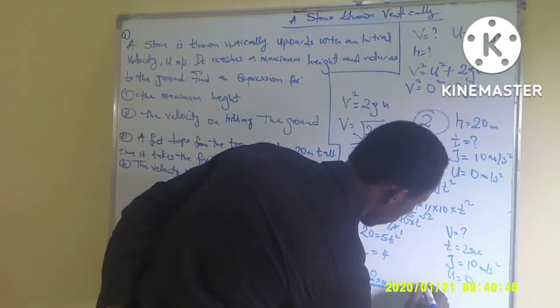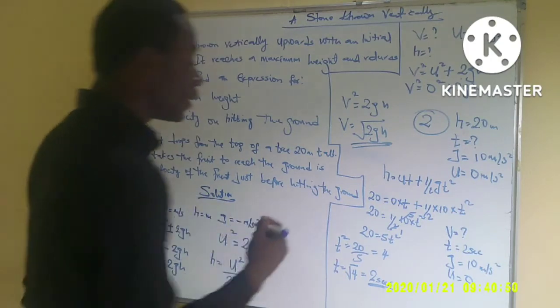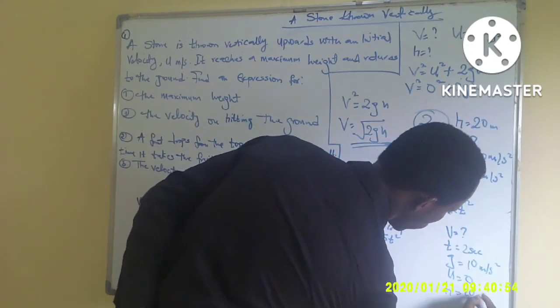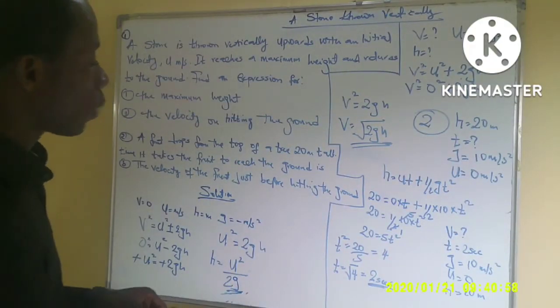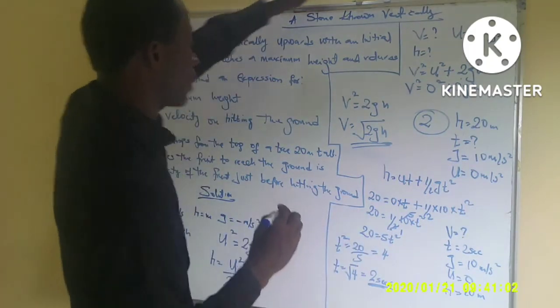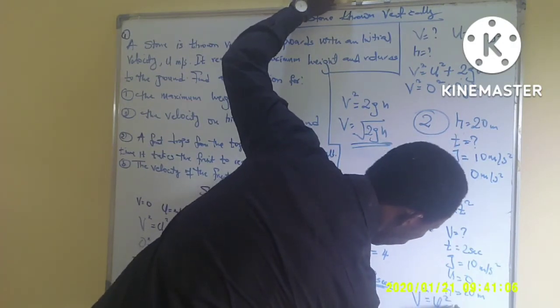We can use v squared is equal to u squared plus 2as, where the height is h is equal to 20 meters. So v squared is equal to u squared plus 2gh.